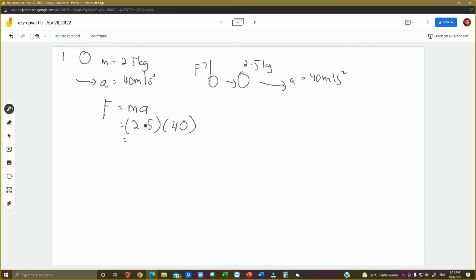Berapa jawapan kita? 2.5 kg. Yup, 2.5 kg. 100. 100 apa? 100 meter per second. Oi, bukan. Kita cari F. Bukan. Oh, okay.